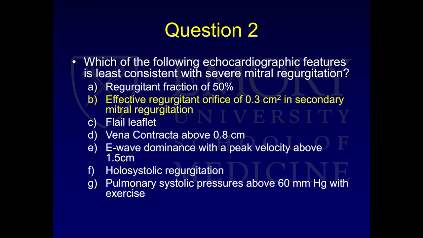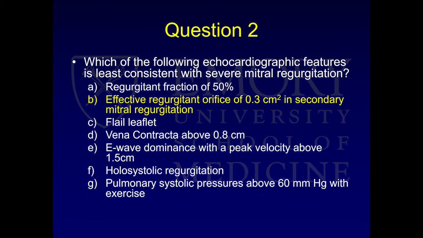So getting back to the correct answer, why is it B? We know that a quantitative measure of an effective regurgitant orifice area greater than 0.4 is consistent with severe MR. However, when the original 2014 valve guidelines came out, they said that in secondary MR, the ERO is prognostically worse at 0.2.